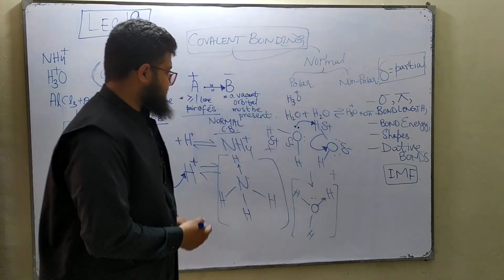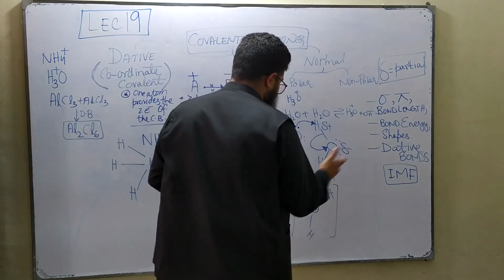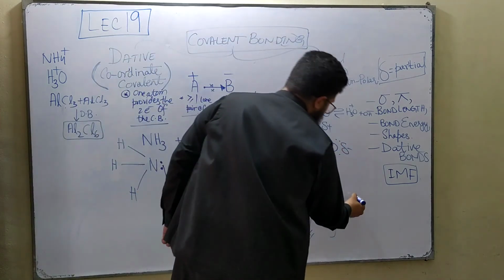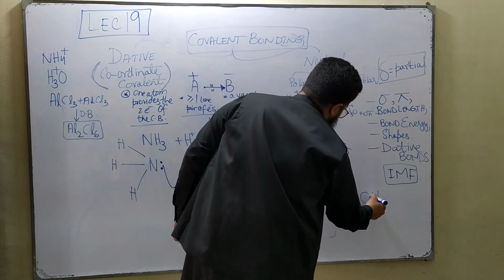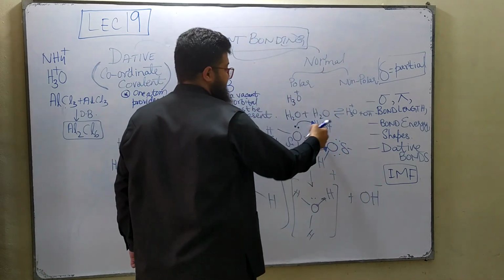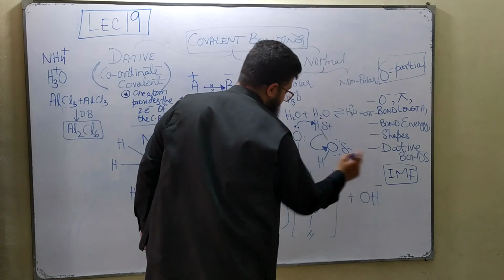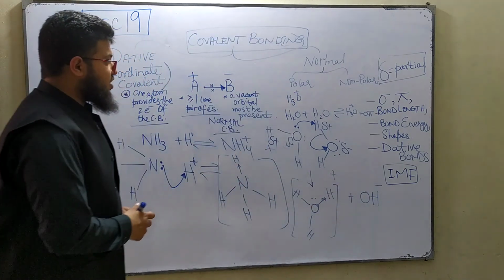Along with this you will get an OH negative ion, because the OH had accepted the 2 electrons, so it will get a negative charge. This is how hydronium is made.